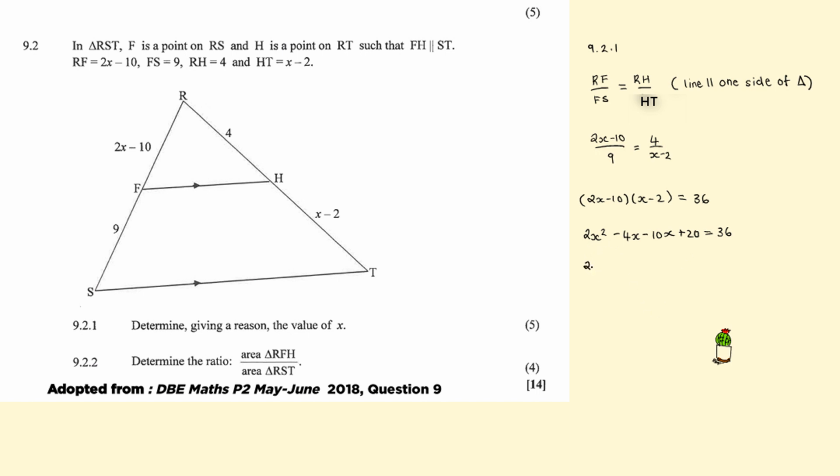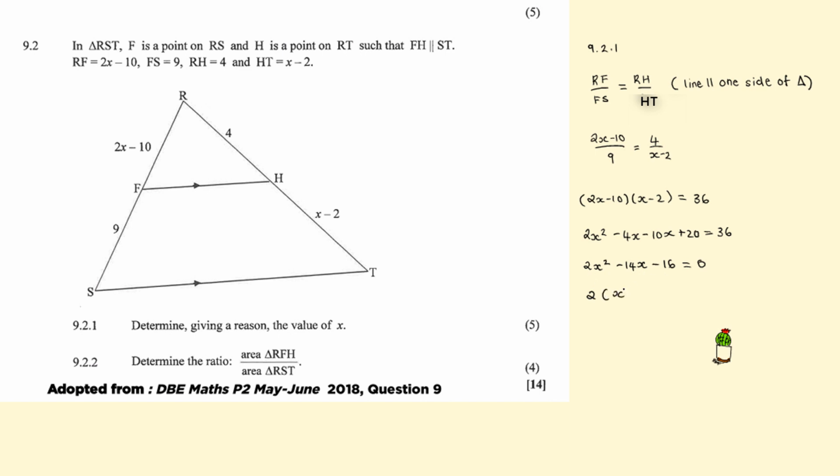That leaves us with 2x squared minus 14x, and 20 minus 36 is minus 16, is equal to 0. Our next step can be to remove a common factor of 2 from all of these terms.